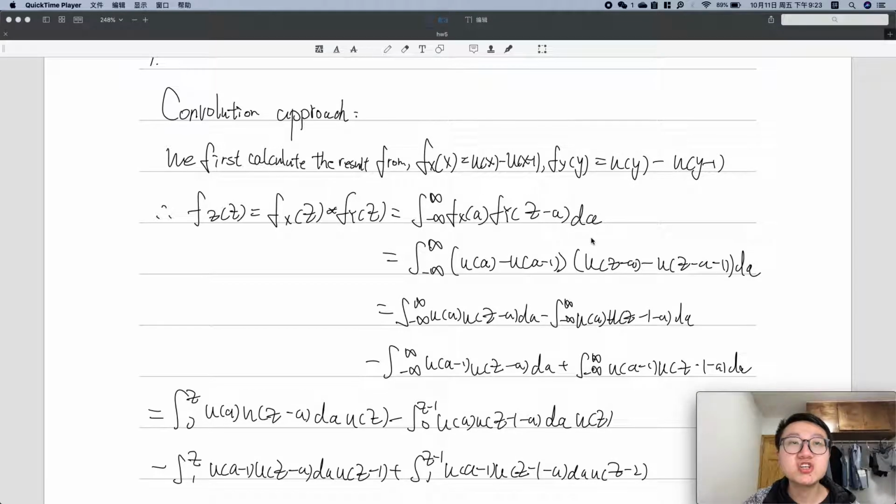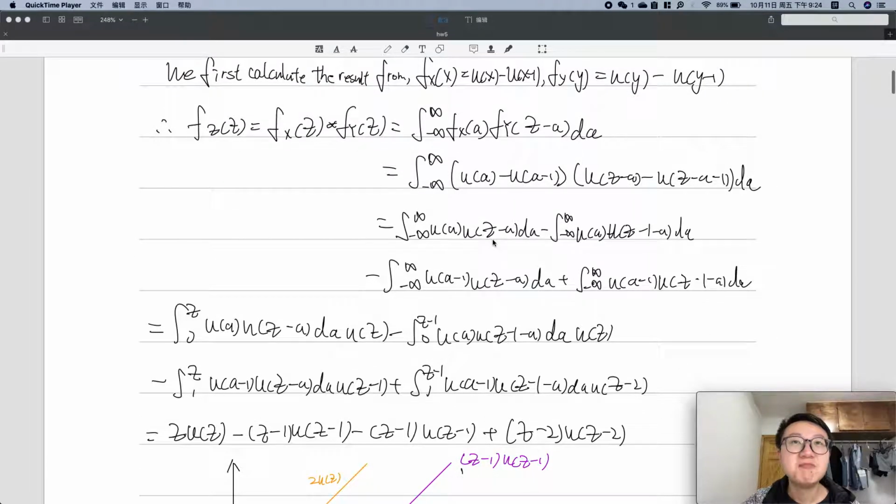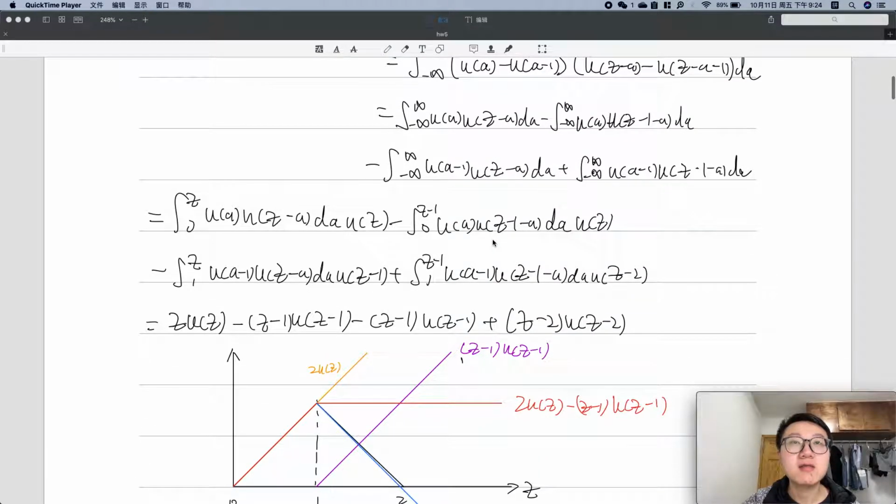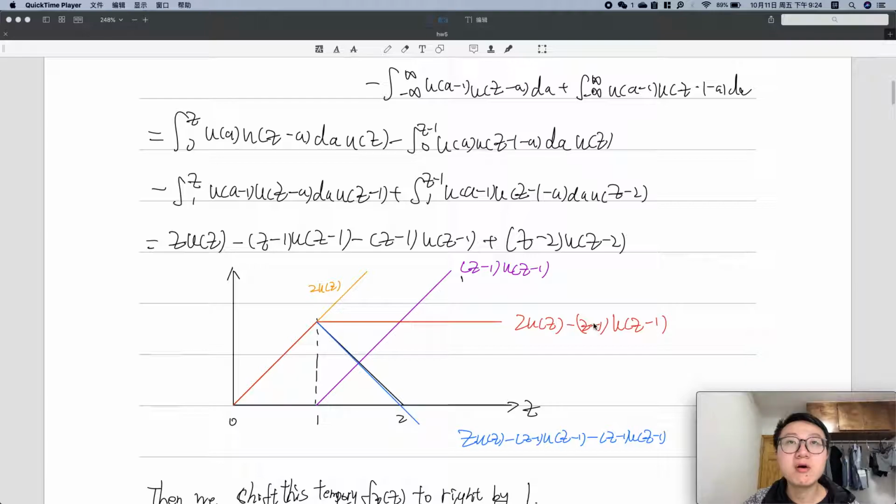After the calculation, we put the formula and parameters in the function, and after many calculations we can get the result using parameter z as this formula. And we can also draw the image of each part of the result using different colors like this.